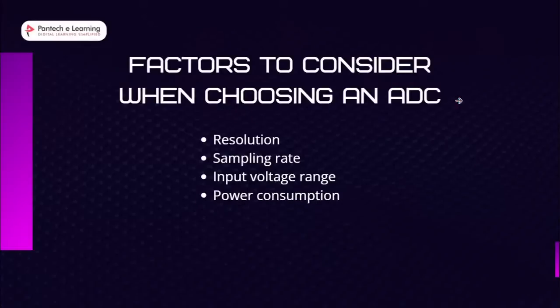When choosing an ADC for a specific application, there are several factors that need to be considered, including resolution. ADC resolution refers to the number of digital bits used to represent the analog input signal. In other words, it is the number of discrete levels or steps that an ADC can represent in the conversion process.